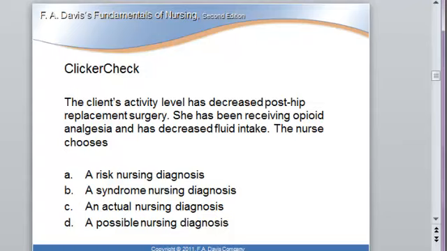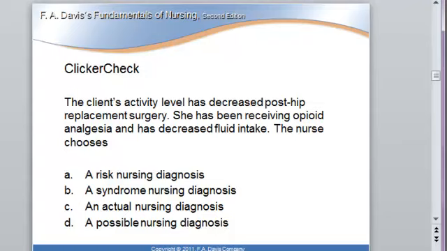Here's our little clicker check again to see how we're doing. The question reads, the client's activity level has decreased post-op hip replacement surgery. She has been receiving opioid analgesia and has decreased fluid intake.